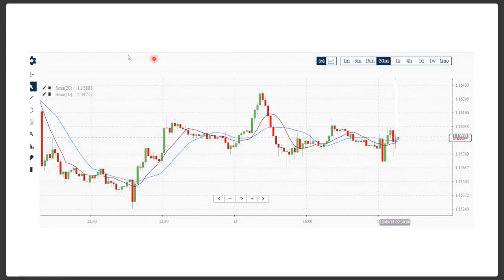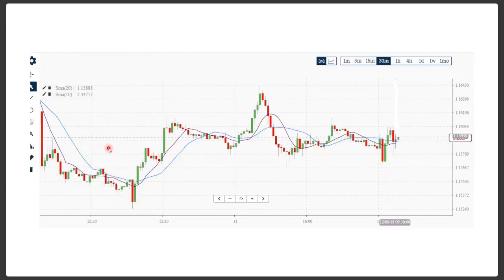Now, on my chart here, as you can see, I have a simple moving average of 10, and that's the purple line. And then I have a simple moving average of 20, which is the blue line. The theory is that if a smaller moving average, i.e. the 10 in our case, crosses below or above the larger moving average, which is the 20, it indicates the trend has changed.